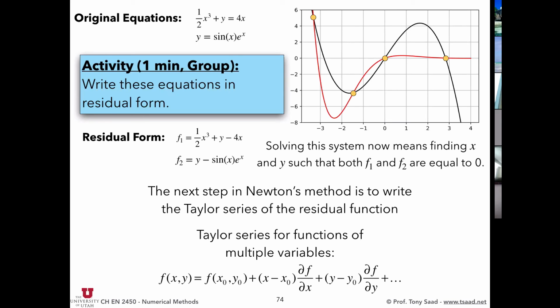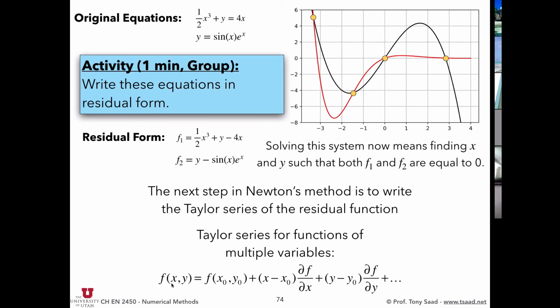Again, think of the Taylor series as trying to predict what the function looks like around a point. That point we're going to call x0, y0, and then you expand the function around this point using its derivatives. Now we have derivatives with respect to each and every unknown in the function.